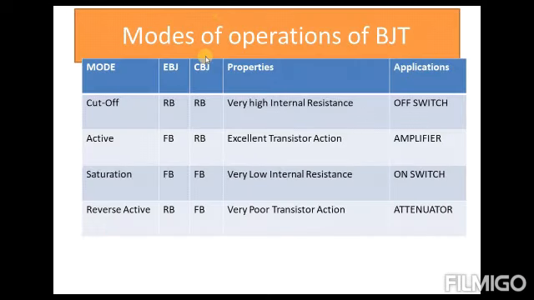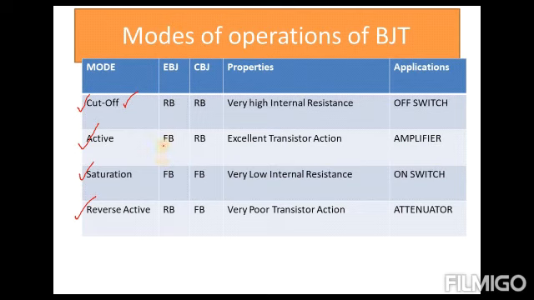Next one, different modes of operation of BJT. A BJT operates in four different regions: cutoff region, active region, saturation region and reverse active or inverse active region. When the emitter base junction and collector base junction are both in reverse bias, the transistor operates in the cutoff region.